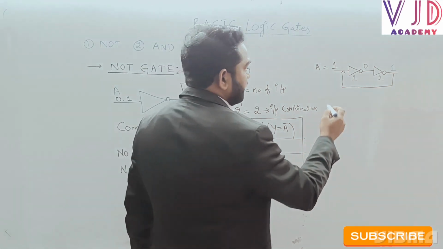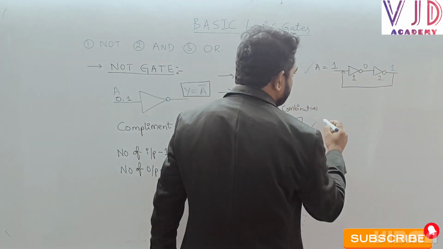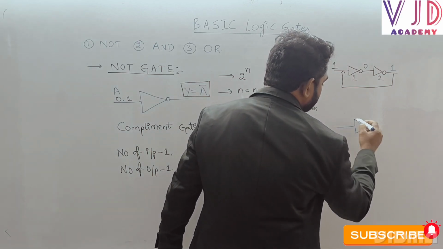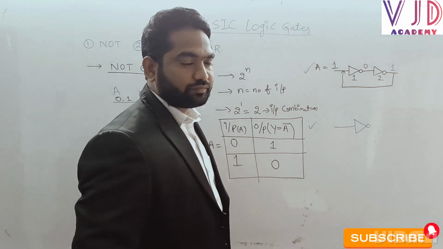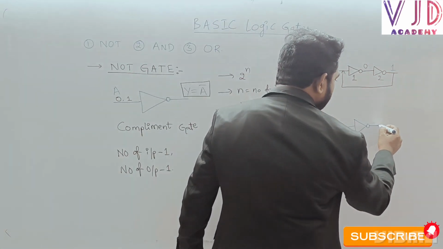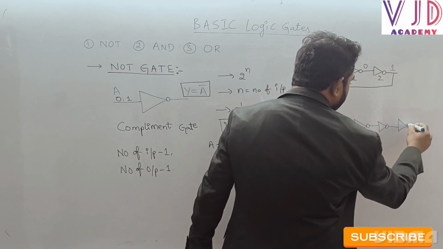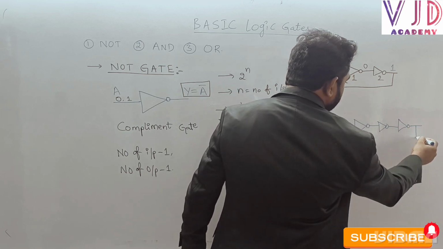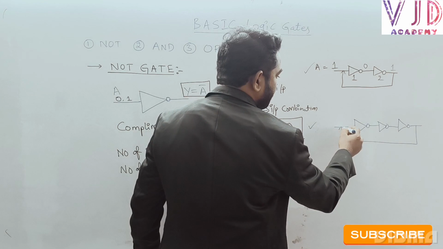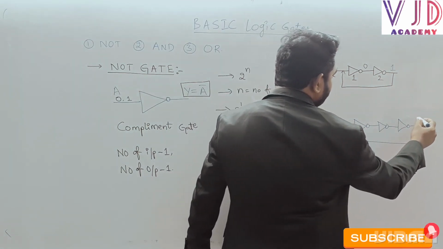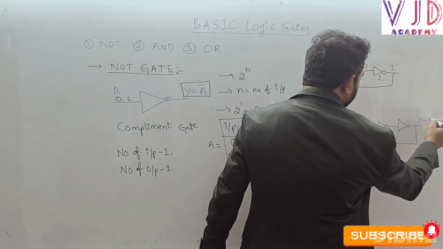Let me take another example. Here, if I connect 3 NOT gates and take feedback again, and again give a equal to 1, the output is y equal to a bar.